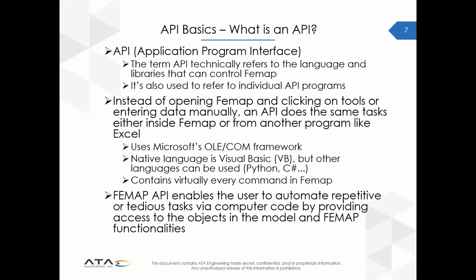Every once in a while they'll put out a new tool in one edition and you'll have to wait for the API command in the next edition. But pretty much everything that you can do in Femap, there's an API command for. So the Femap API enables the user to automate repetitive or tedious tasks using computer code, and it provides access to all the objects within the Femap model and the Femap functionalities.